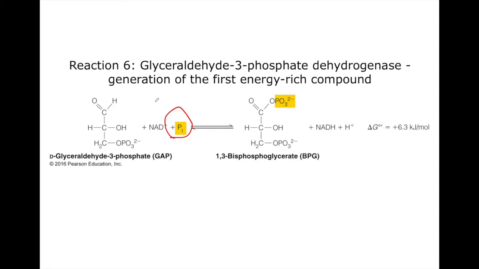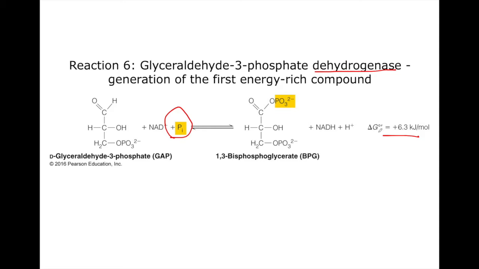The enzyme that catalyzes this reaction is glyceraldehyde 3-phosphate dehydrogenase. This reaction under standard conditions has a slightly positive delta G, but again, under cellular conditions, that delta G is going to be closer to 0, so it's going to be able to be reversed. It's going to be slightly negative depending on the cellular conditions.